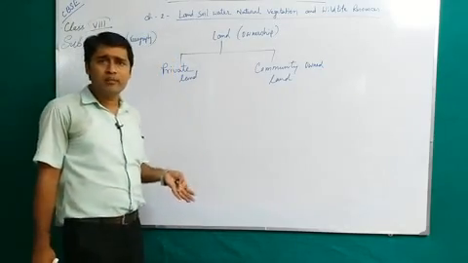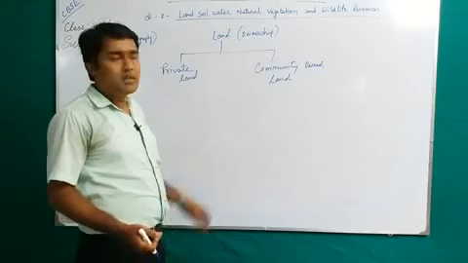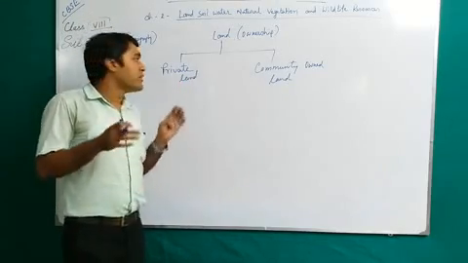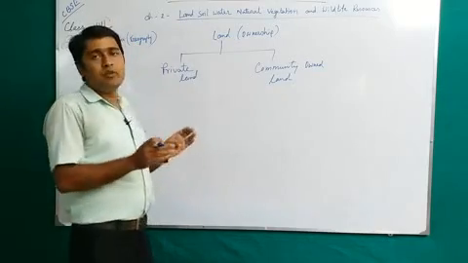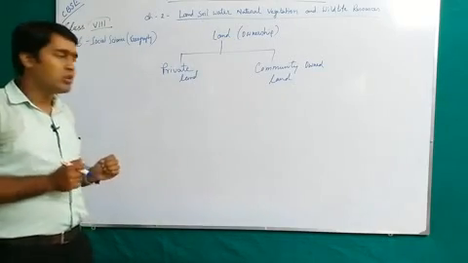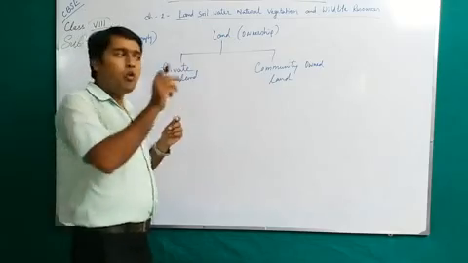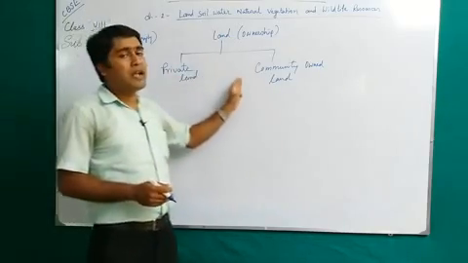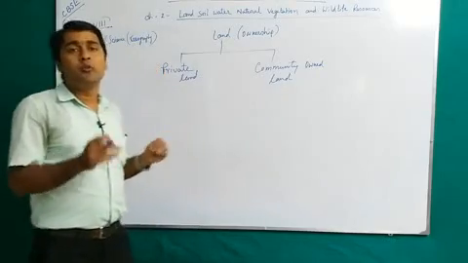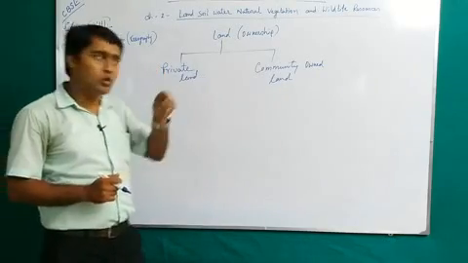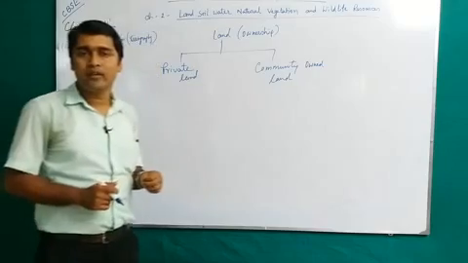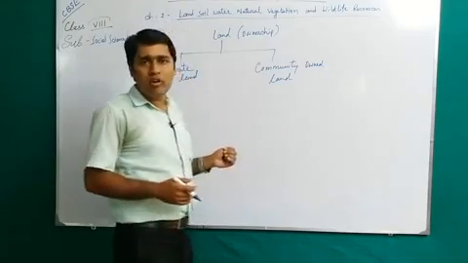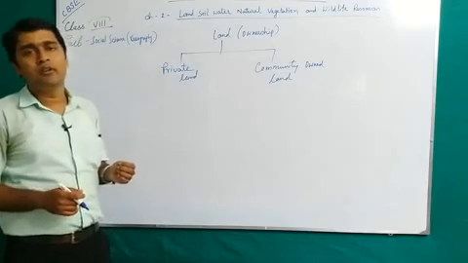Lots of examples are around your house. If you have an agricultural field, this land is private land because it is owned by your family members. Land owned by a group of people, not a single person, is community land. Like a burial ground or burial site, this is also community land.